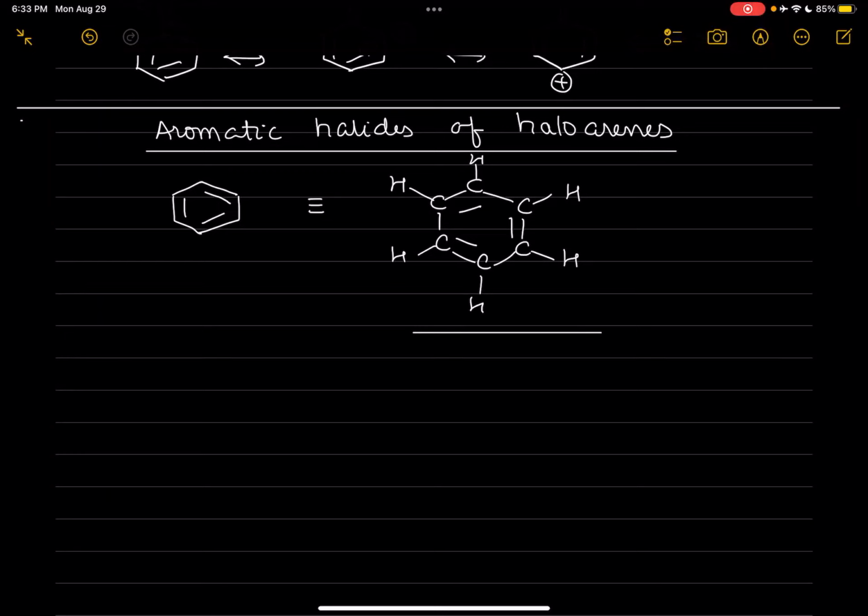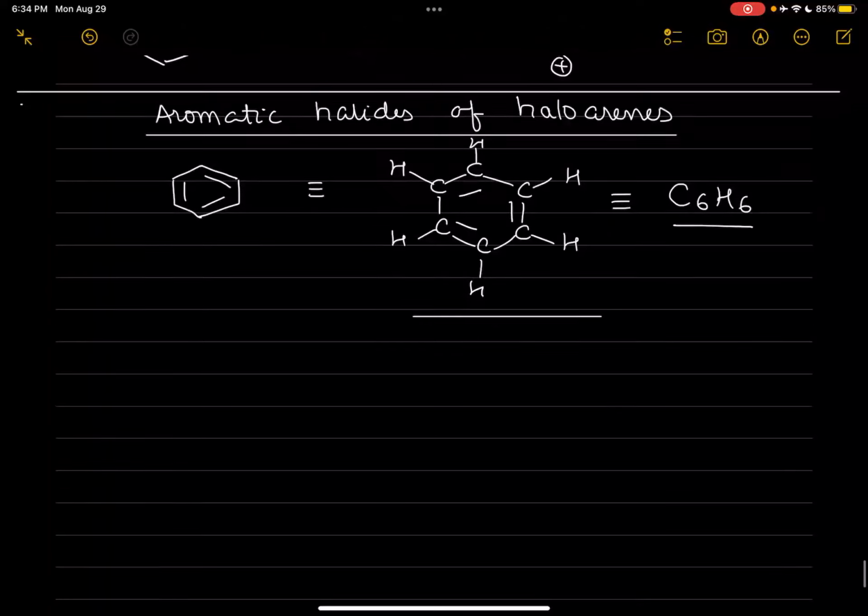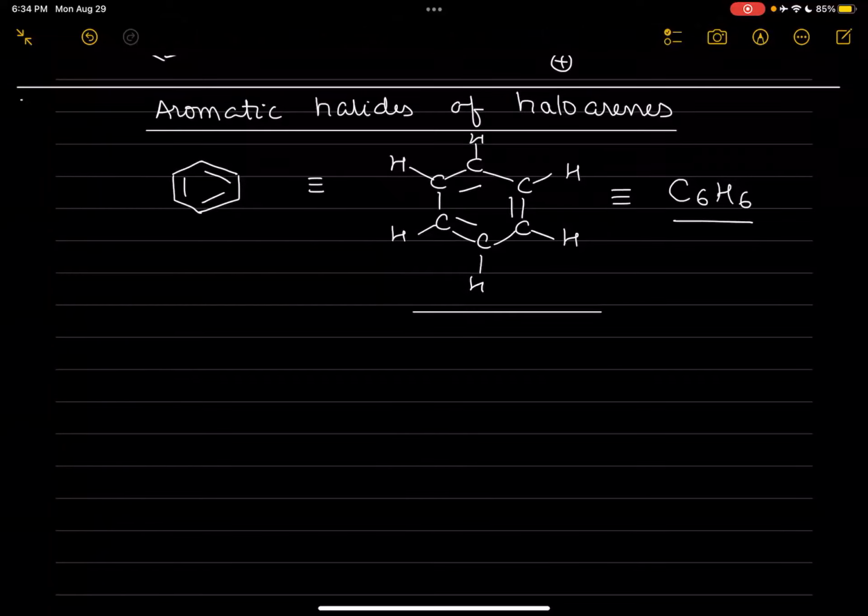So this is benzene, its formula is C6H6, and this is the most common aromatic ring, very common, right? There are other aromatic compounds also.